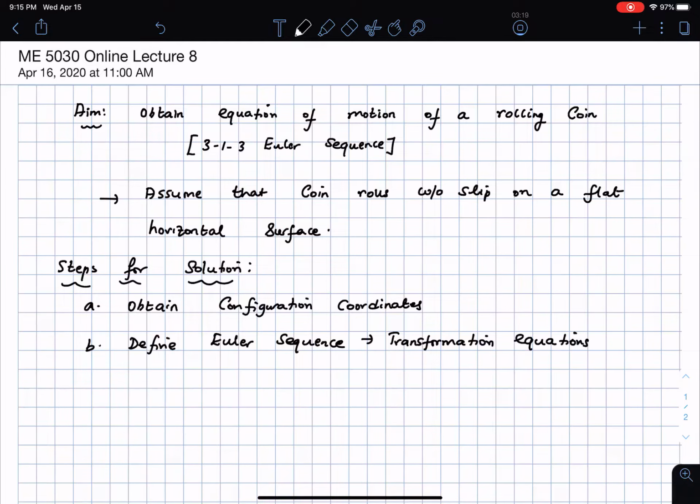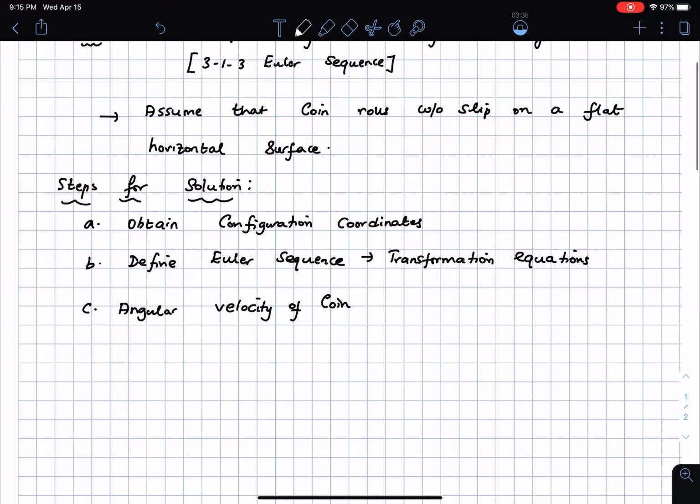Once we have the transformation equations, then we can look at how to obtain the angular velocity of the rigid body, the angular velocity of the coin. That's the next step.